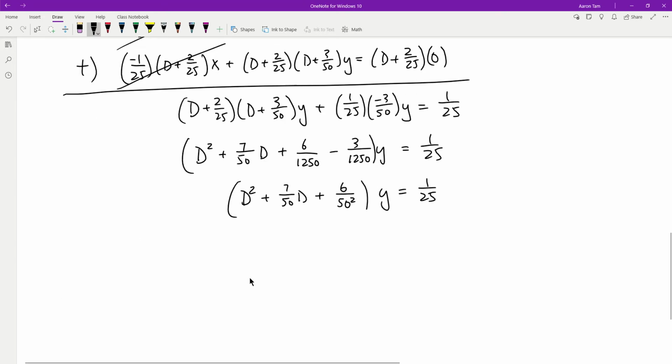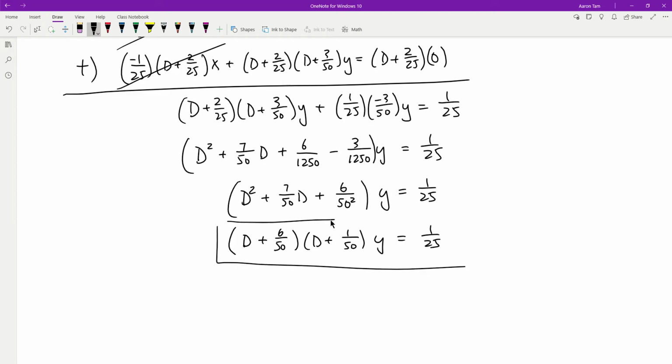So I can factor this into (D plus 6/50) times (D plus 1/50) y equals 1/25. So that's my equation in its most simplified form.